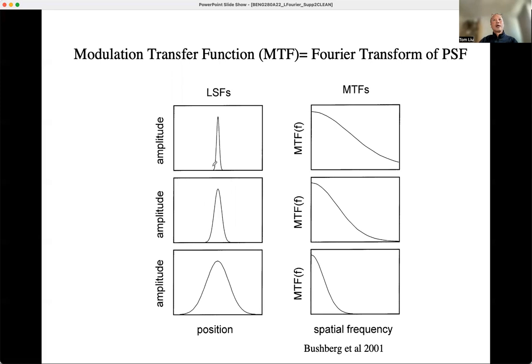So for example, here would be a point spread function. Here, it's fairly narrow and it's getting broader and broader, right? And so we know that as things shrink in this domain, so this is getting wider in this domain, if we look at its Fourier transform, which is known as the modulation transfer function, it should be getting narrower. And in fact, it is, okay?